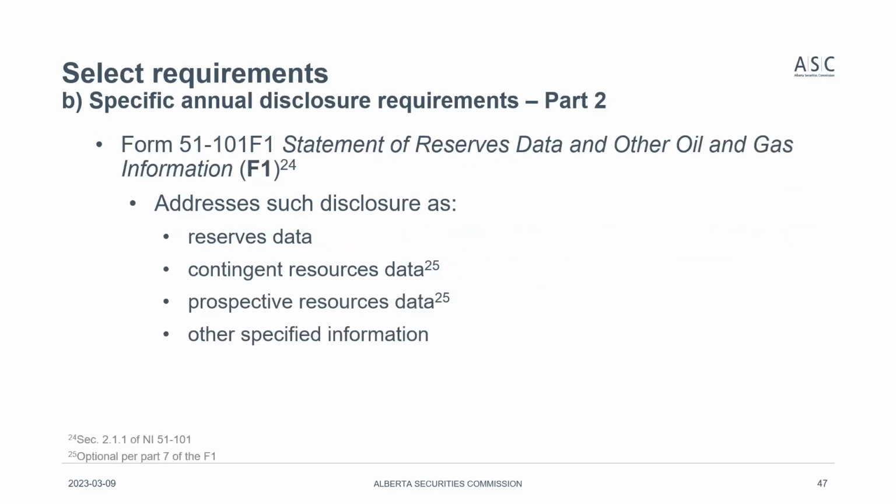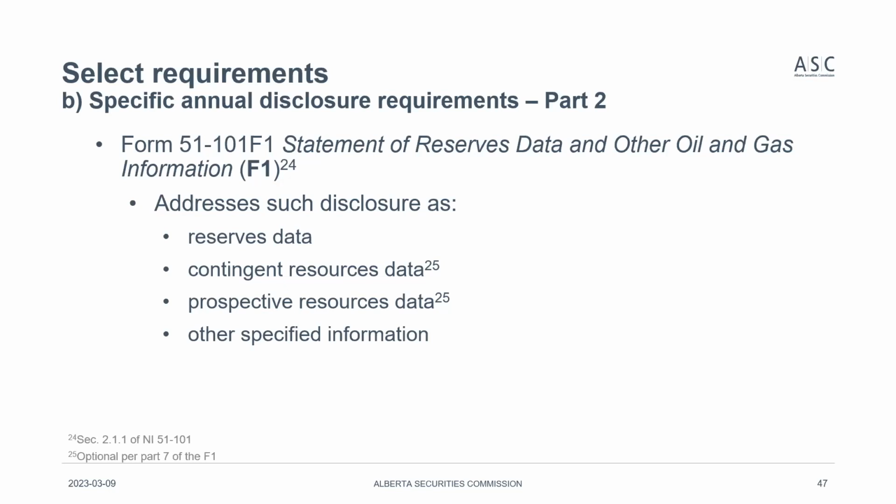So the first document we're going to talk about here is the F1 that we introduced earlier, the Statement of Reserves Data and Other Oil and Gas Information. This addresses disclosure such as the reserves data, contingent resources data, and prospective resources data, the stuff that's evaluated or audited by QREs and QRAs.